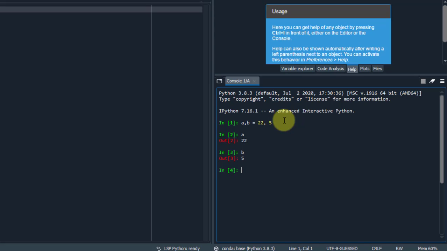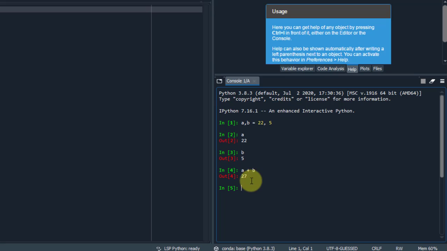Now we're going to do that, and that's going to be a plus b. Okay, so with the addition operator we get 27 when we add 22 and 5 together. So we're adding the operand 22 and the operand 5, and we get 27 as our result.